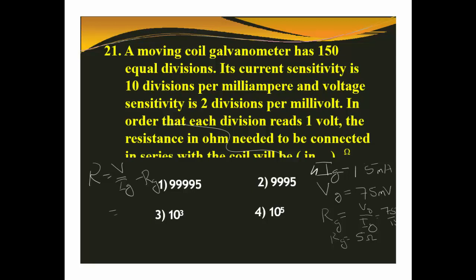So how to get the value of V? It is given that 1 division reads 1 volt, means 150 divisions read 150 volt, means full scale deflection voltage is 150. Divided by Ig. Ig is 15 milliampere, means 15 into 10 raised to minus 3, minus Rg. Rg we already got, 5. If you do the calculation of this, you will get the answer.